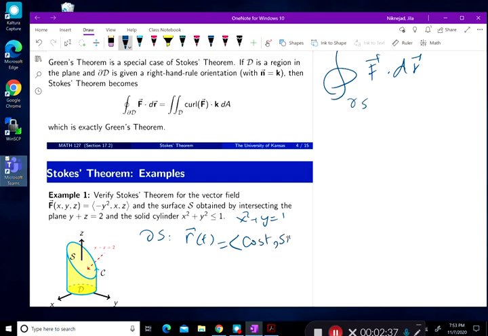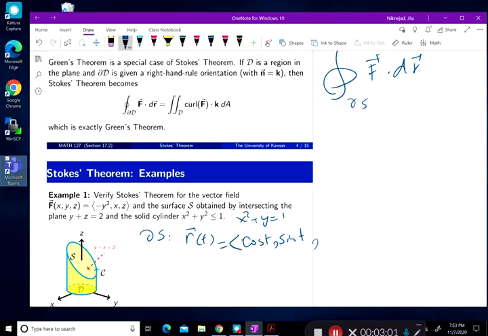If I do cosine t and sine t, then the orientation is going to be the right-hand orientation. If it goes around, it starts from the x-axis, goes to the y-axis, and goes around, if you're looking just at x and y.